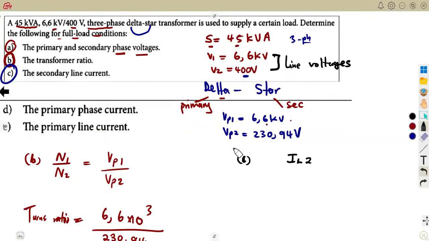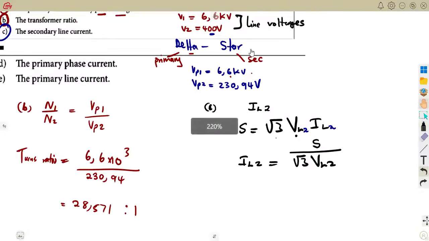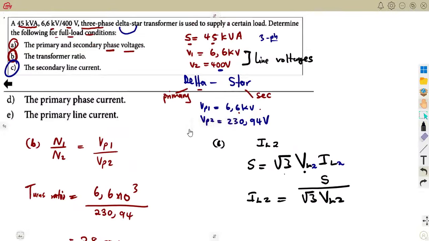So it's supposed to make that adjustment, because S is equal to the square root of 3 times the line voltage times the line current. We need that of the secondary side, so we can make this the subject by dividing by the square root of 3 and V. So our secondary line current is S over the square root of 3 VL2 of the secondary side, where S is the apparent power rating that we are given.